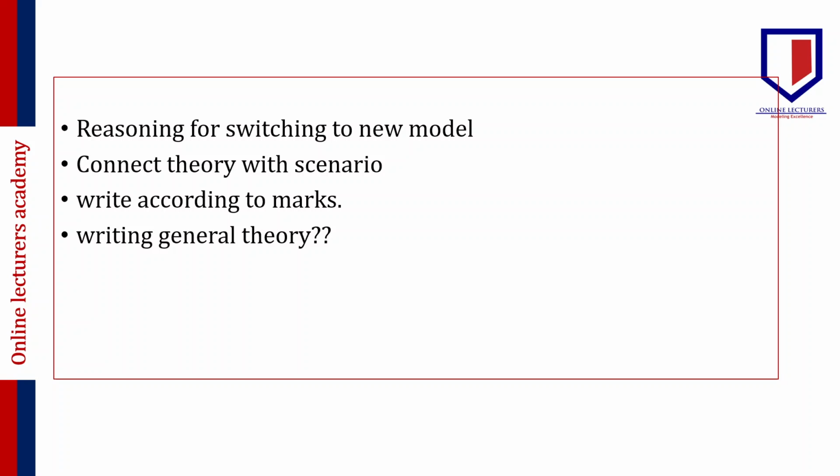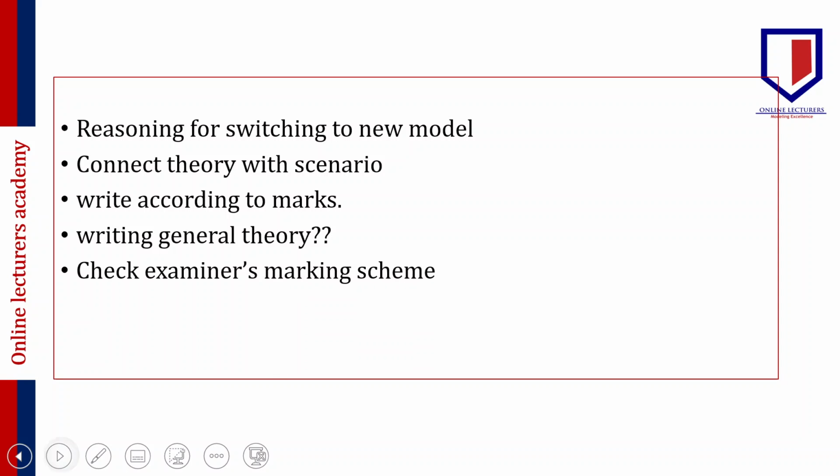But in case something happens and you are unable to connect something, do write its general theory. If that requirement is of 9 marks, that can earn you 1 or 1.5 or 2 marks maximum. But 2 marks are still better than earning 0.